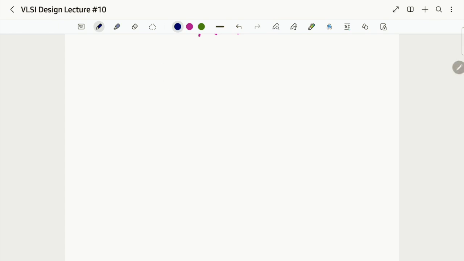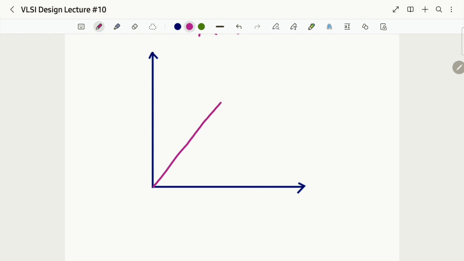So let us see what we have got over here. Till my VDS was not increased beyond a certain amount, it remains a straight line.